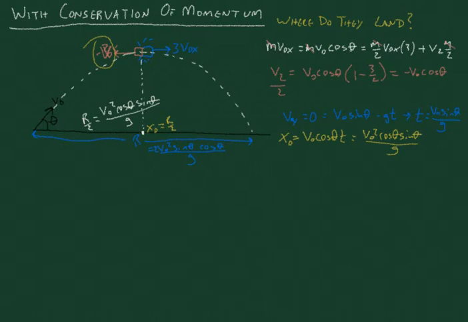Okay, so now we'll look at the two different particles. So now we'll look at mass 1, which we'll call the blue particle.